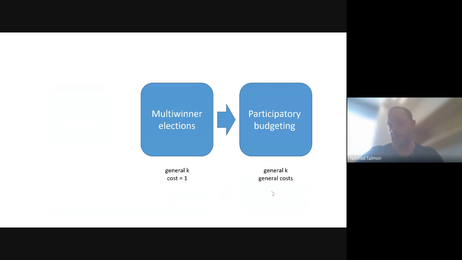But here it could be a number of dollars or whatever. The cost of each candidate is not one, but could be arbitrary. You select candidates who can each cost differently, and you want to select good candidates that still fulfill this K budget requirement.